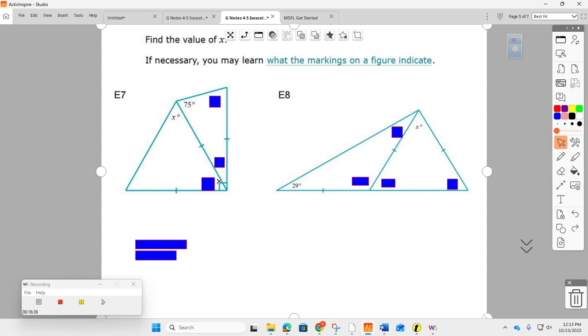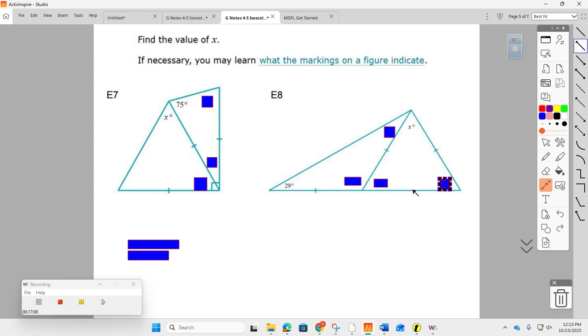So for me, I'm going to start marking my diagrams. These 2 sides are congruent, so I don't know what's going to help me with what right now, but I know that means that the angles across from that are going to be congruent, right? So I know that angle is going to be congruent, because those 2 angles are across from the congruent sides, right?